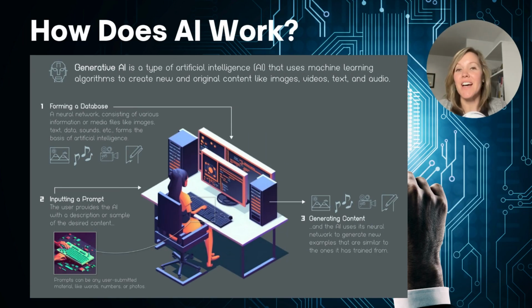Now that we've had time to actually see an example of how an artificial intelligence game like Quick Draw uses that training data in order to play the game with you, let's talk a little bit more about how that AI works. So again, here's another refresh definition of generative AI. It's the type of artificial intelligence that uses something called machine learning.